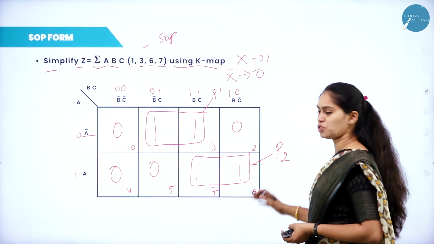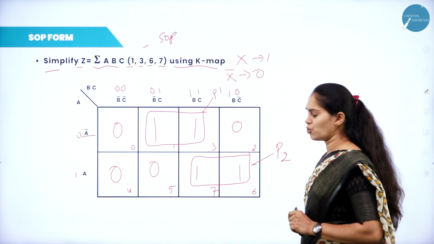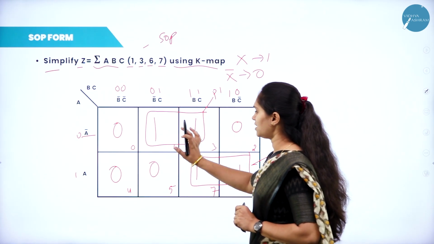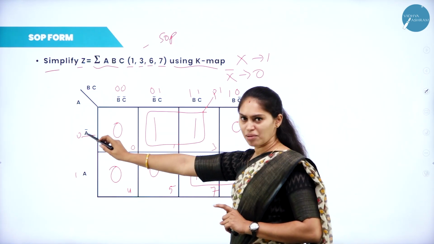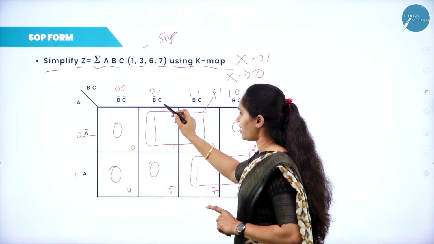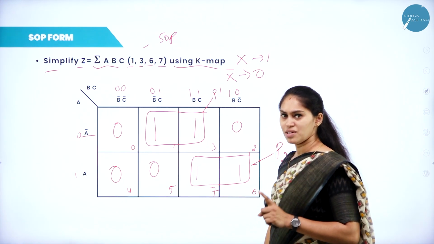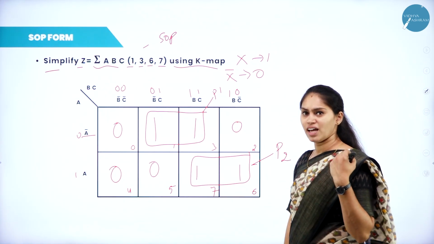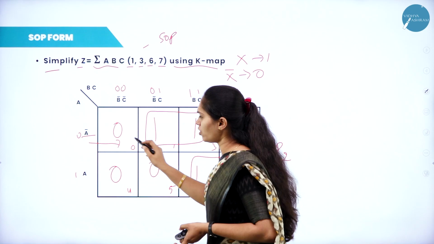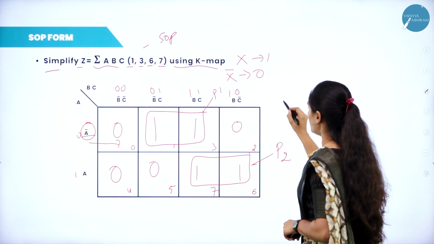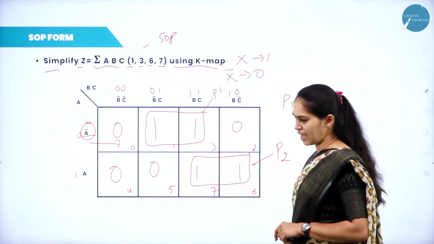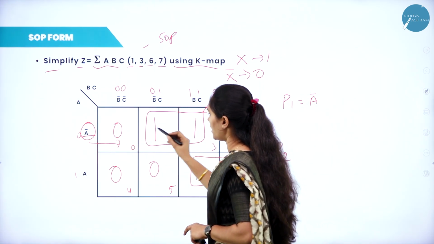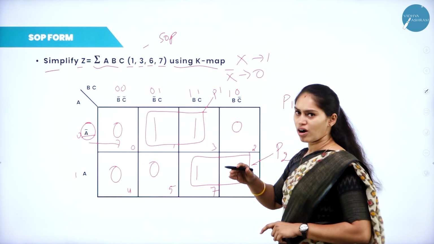Okay. So here we have 2 pairs, and let me tell you how to simplify this. Consider these 2 values. This pairing includes the A bar row and the B bar C and B C columns. Here, what is common in the row? We have only one row, that is A bar. So for pairing 1, the common variable in the row will be A bar. What is common in the columns?